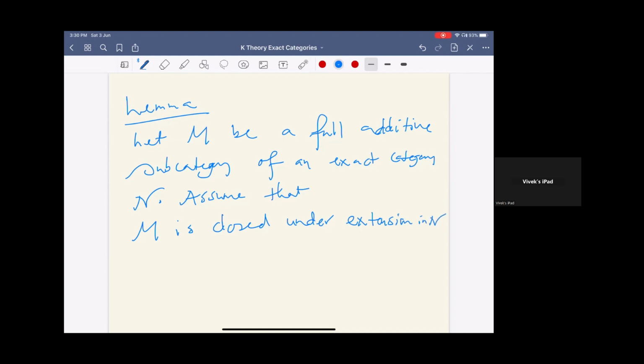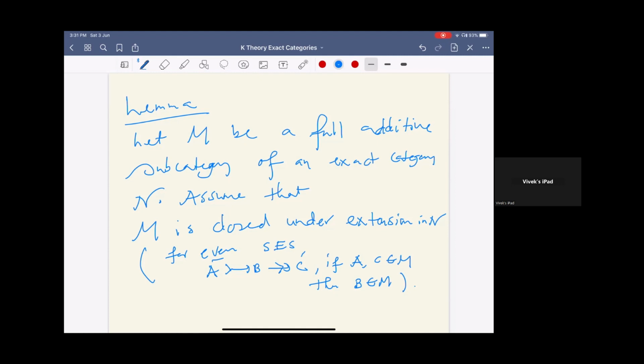In N, what does that mean? Closed under extension means: for every short exact sequence, if A and C belong to M, then B belongs to M. Think about the category of projective modules, where the first and last ones are projective modules. Then the direct sum of projective modules is again a projective module, right?